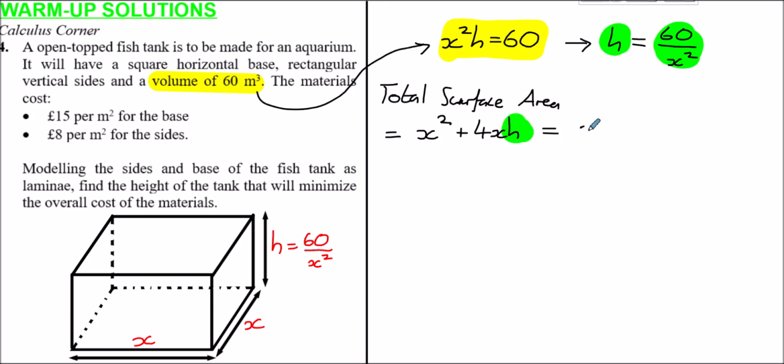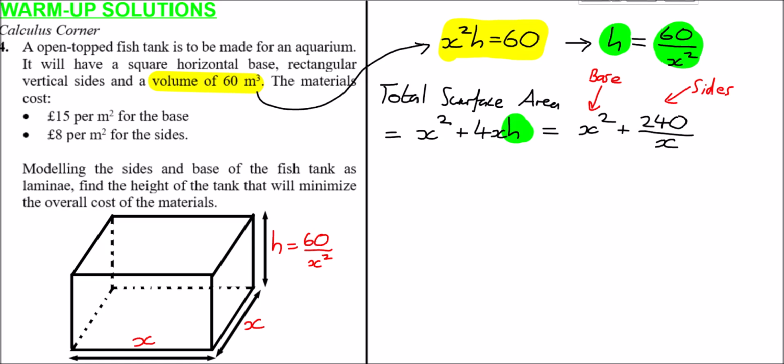So that equals x squared plus 4 times 60 gives us 240, x divided by the x squared on the bottom gives us 240 over x. And so this x squared relates to the surface area of the base. The second term is the surface area of the sides.